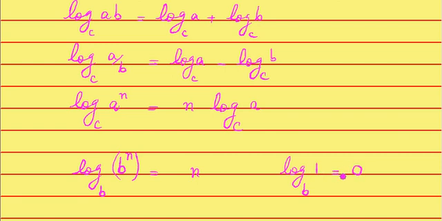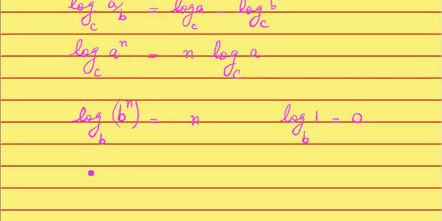Obviously the answer is 0. b to the power of 0. If this is 0, this answer is also 0. The other side of the coin was that b raised to the power of logarithm of, say, a in base b is just a itself.